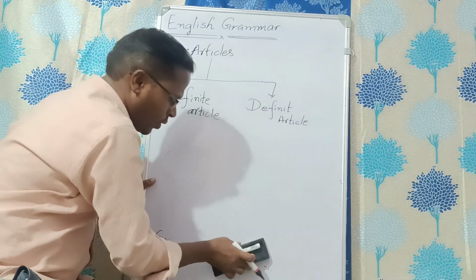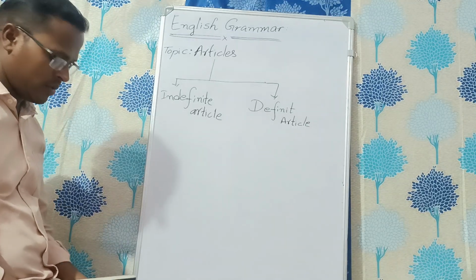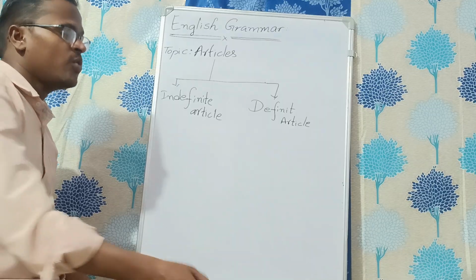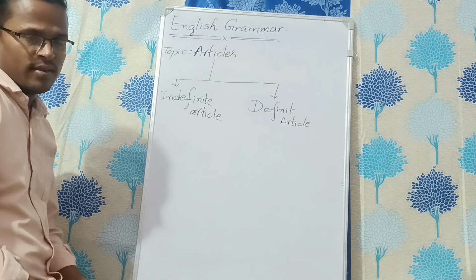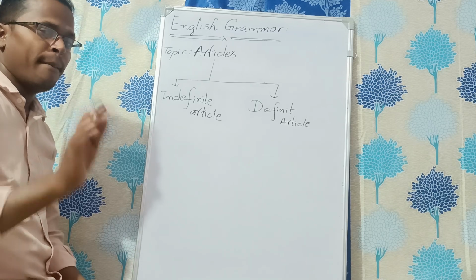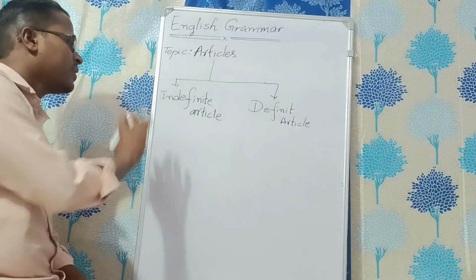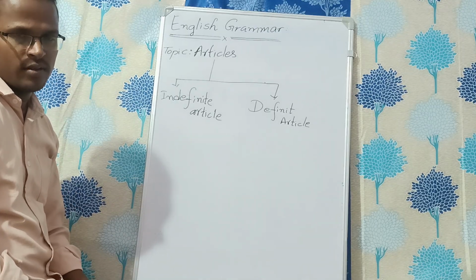So we have to know where we should not use the articles: before musical instruments, we should not use articles, though some exceptions are there, and before metals, we should not use indefinite or definite articles.